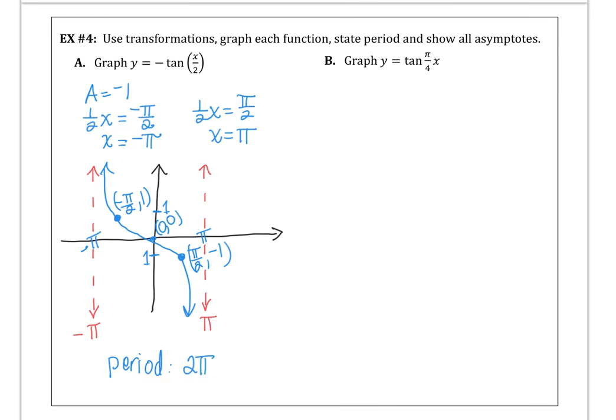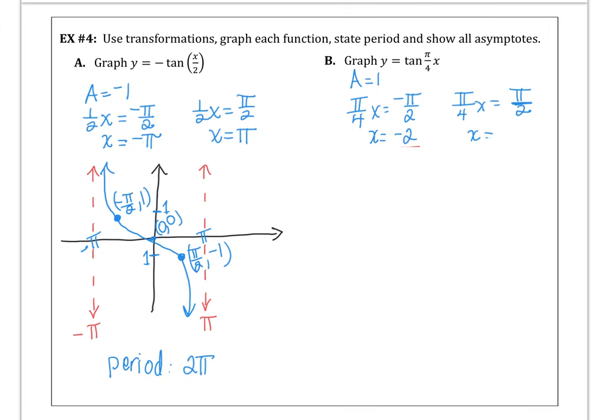And then finally, for example 4b, we know that the a value is 1. We have our argument pi over 4x is set equal to negative pi over 2. Solving that for x is going to give us x is negative 2. Doing the same thing for our right asymptote, which the parent right asymptote is at pi over 2.